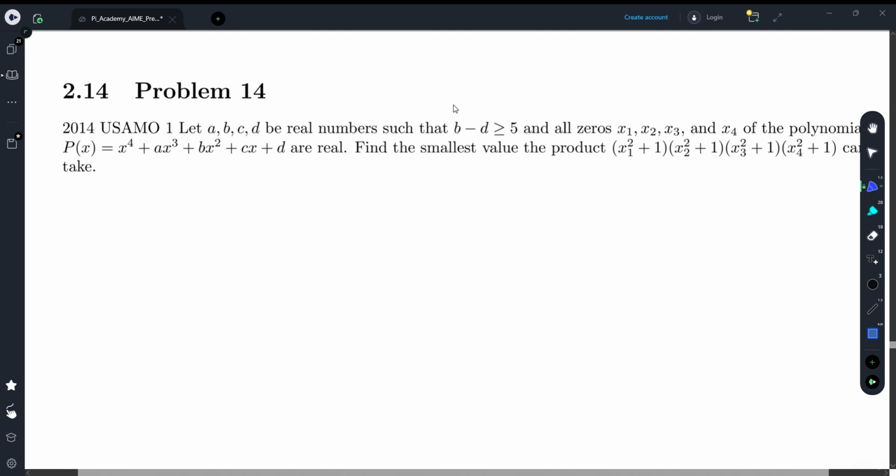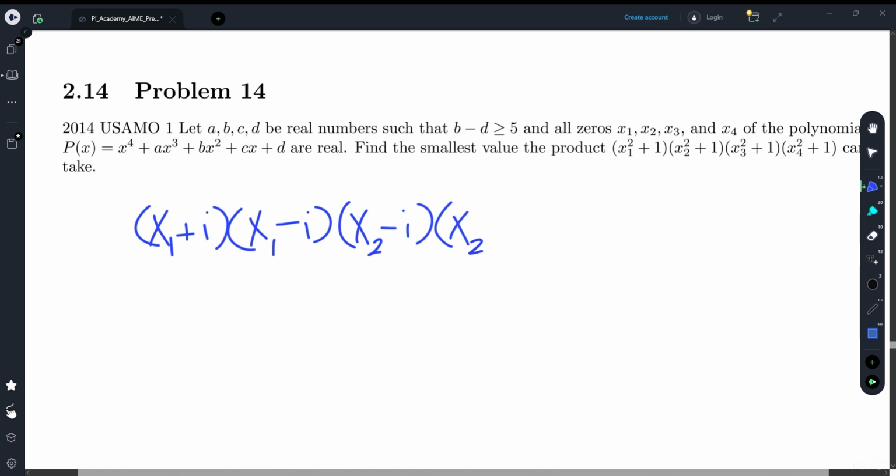Okay, so first we do difference of squares. The reason we do this is we want to break down what we're trying to find, because right now it doesn't really seem feasible.